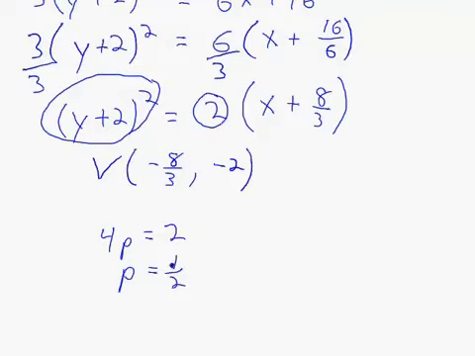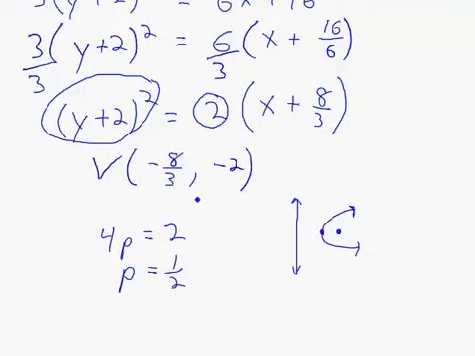And because p is 1/2, we know it opens to the right. If p were negative 1/2, it would open to the left. So a quick sketch gives you a picture that looks something like this. It's not going to be to scale, but gives you an idea of what your parabola looks like. The focus will be in here somewhere, the vertex here, and the directrix is a vertical line in this case when the parabola opens sideways.